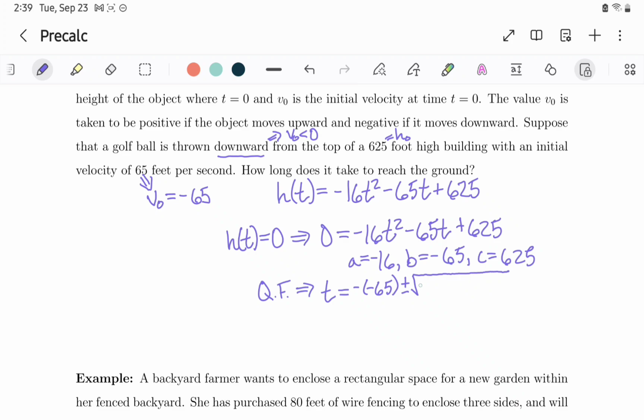We're going to have a lot under the square root here of minus 65 squared minus 4 times negative 16 for a and then times 625 for c, over 2 times negative 16.